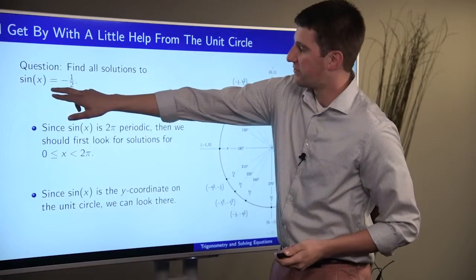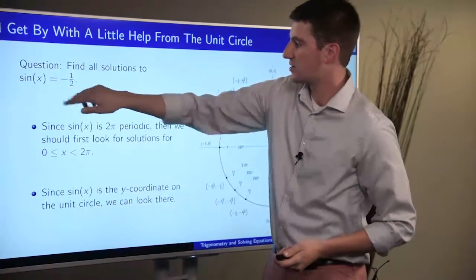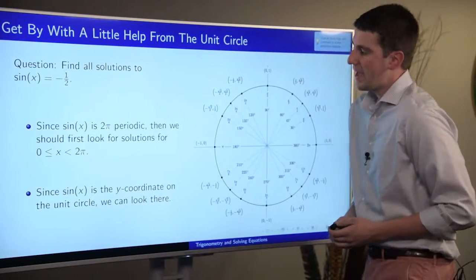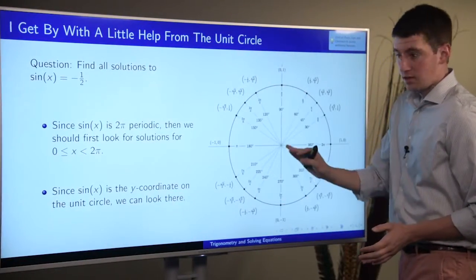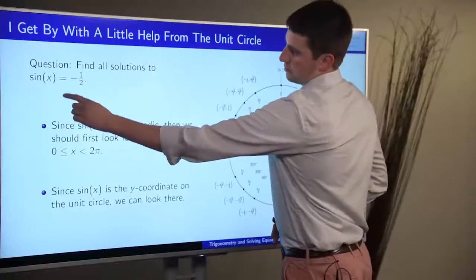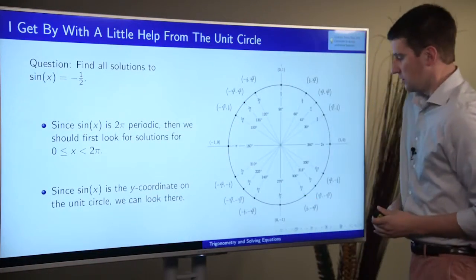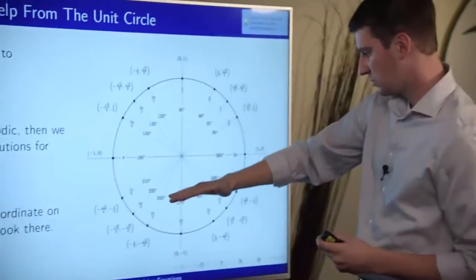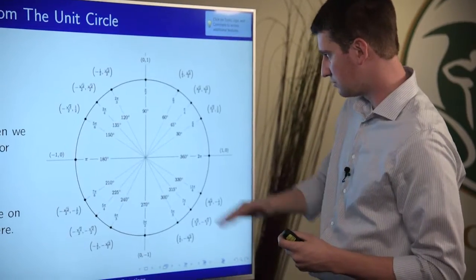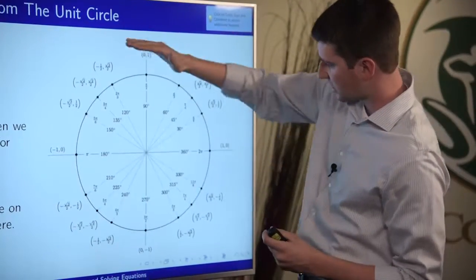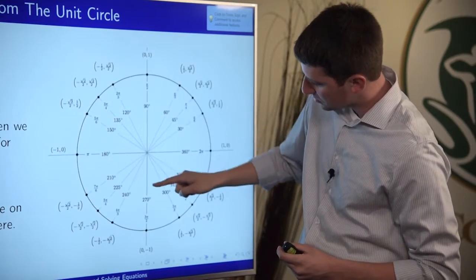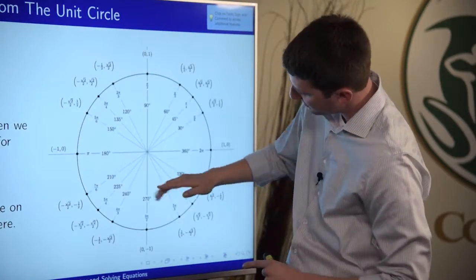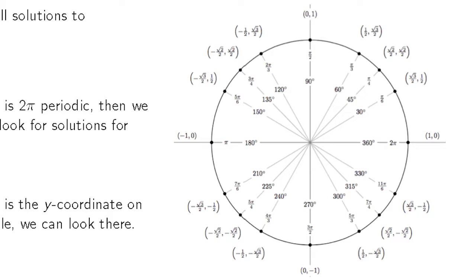So since we're looking for solutions of sine of x equals -1/2, well, sine is the y-coordinate on the unit circle. So we're looking for a y-coordinate being -1/2. So if we just use our hands to do a reasonable approximation, well, y-coordinate is the vertical, so we're going to -1/2. So here's 1, here's 1/2. So we're right about here.